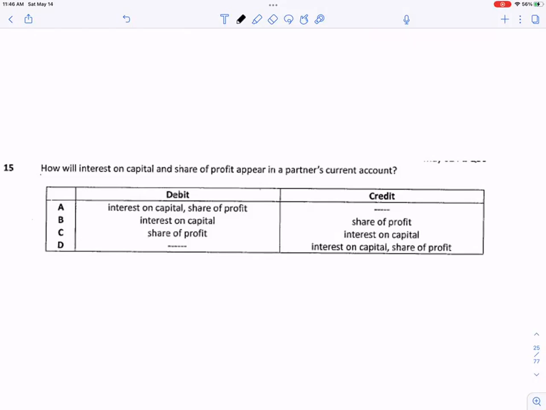Interest on capital, share of profit. Which side will it appear in the current account? Think we just prepared the capital account.